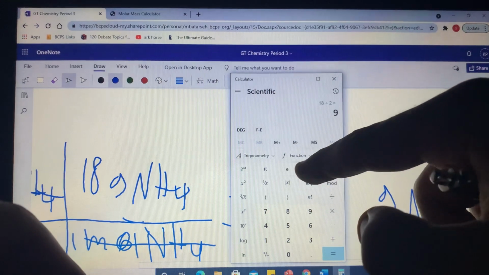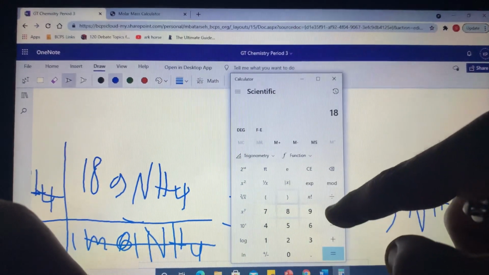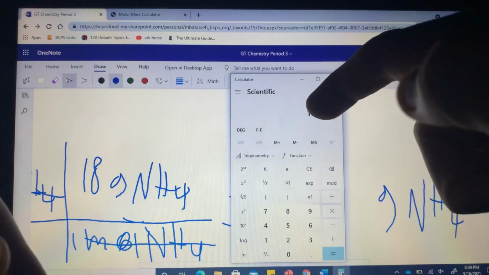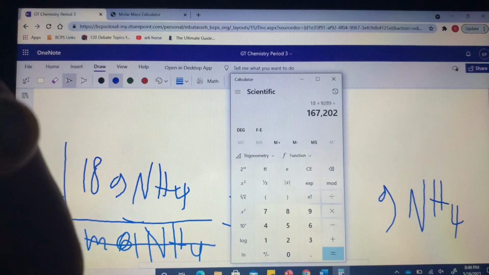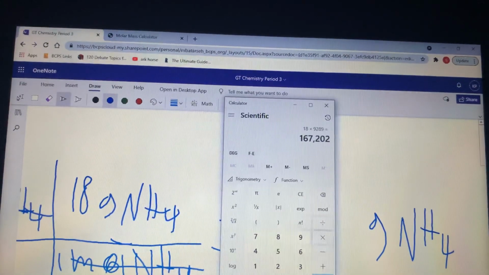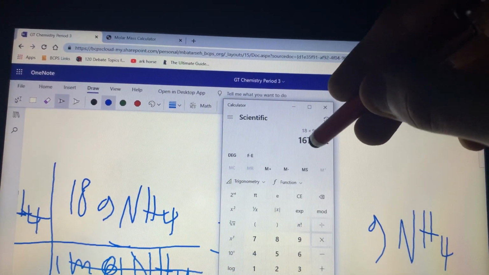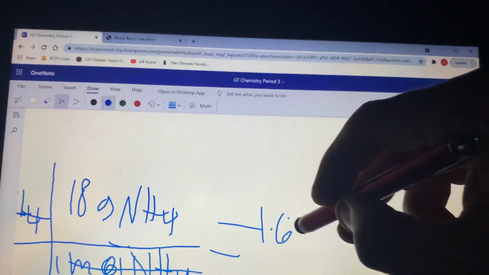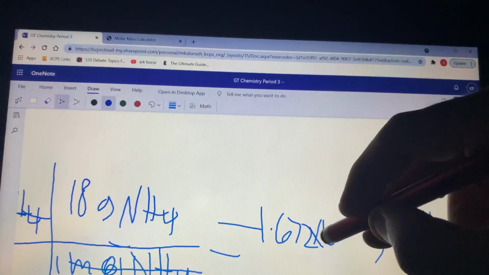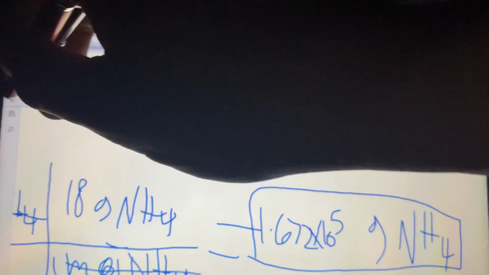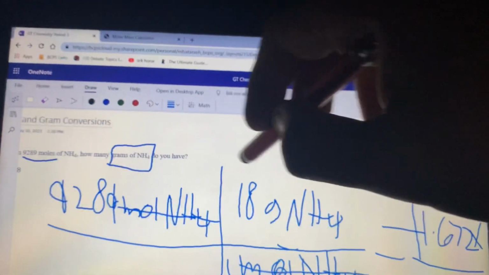All right, we get 167,202, which is equivalent to 1.672 times 10 to the 5th grams of NH4. There we go. Let's do one more practice problem.